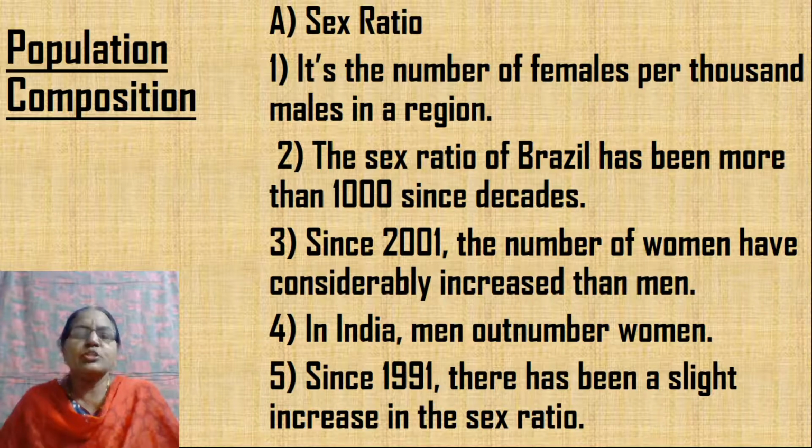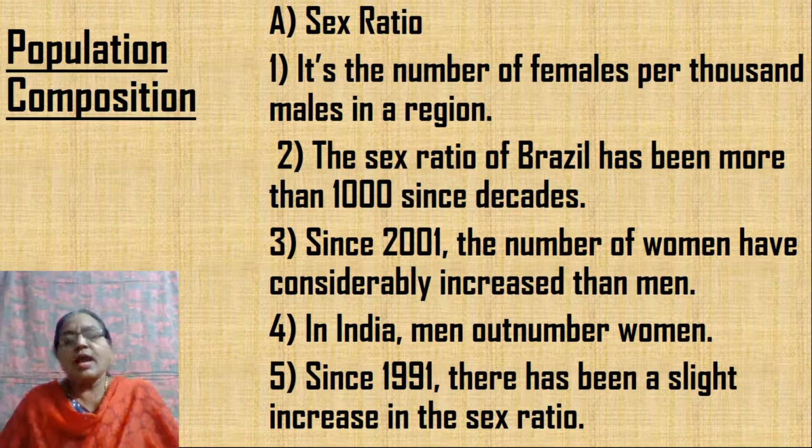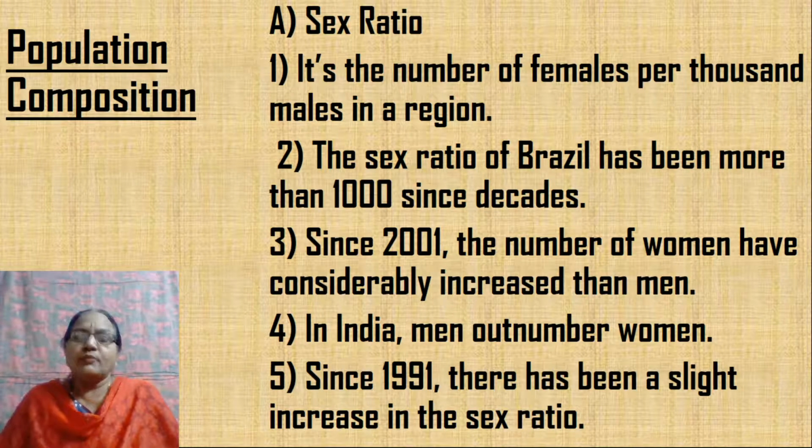Under composition of population, we are going to study the sex ratio, life expectancy, literacy rate, age and sex pyramid, etc. Let's continue with the first one, that is sex ratio. What is sex ratio? It is the number of females per thousand males in a region.